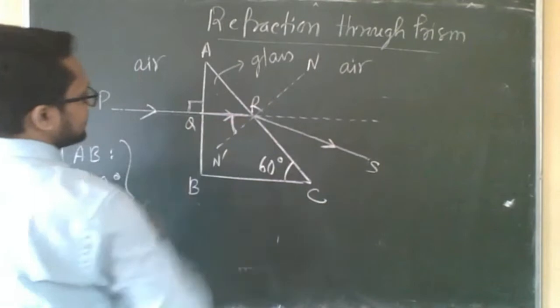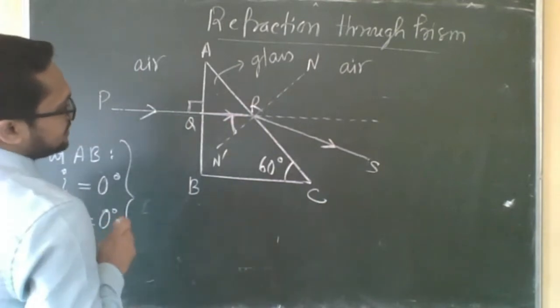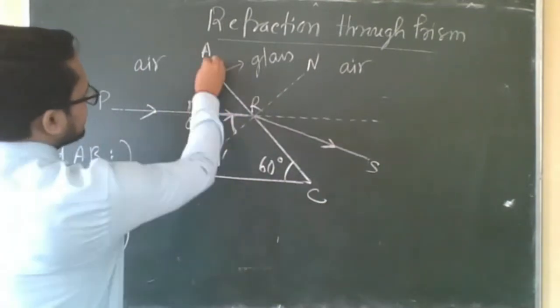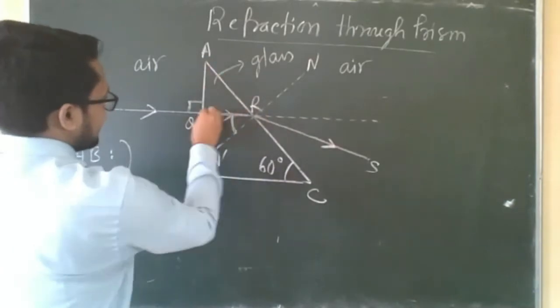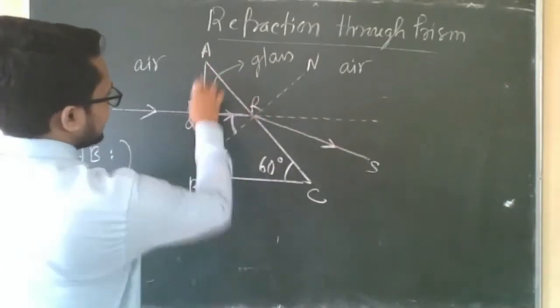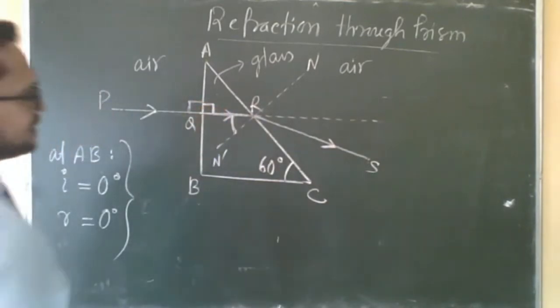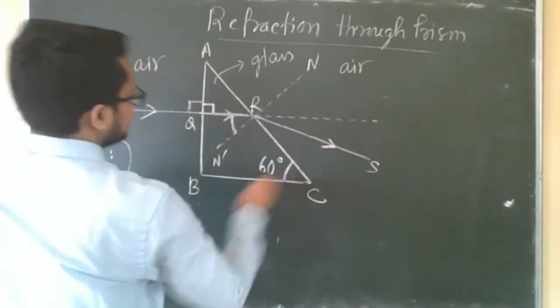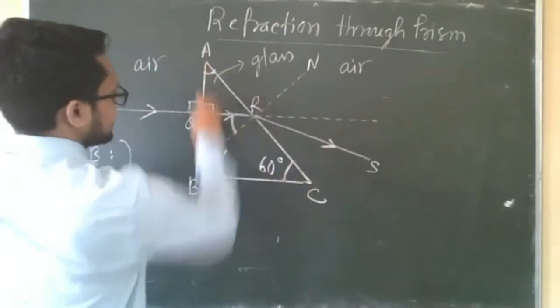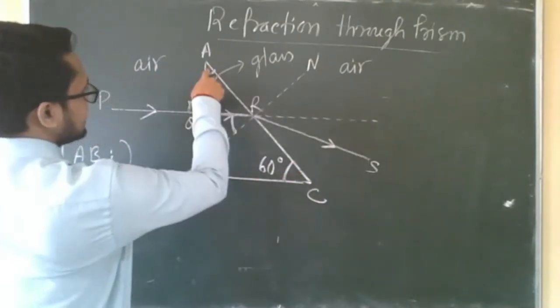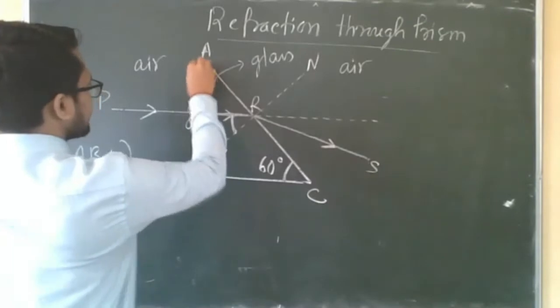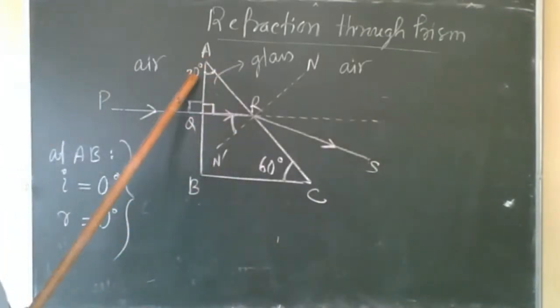So how to find it? Take this triangle AQR. For AQR, this is 90 degree. Here this is 60, so this is 30. So we know two angles, 30 and 90.